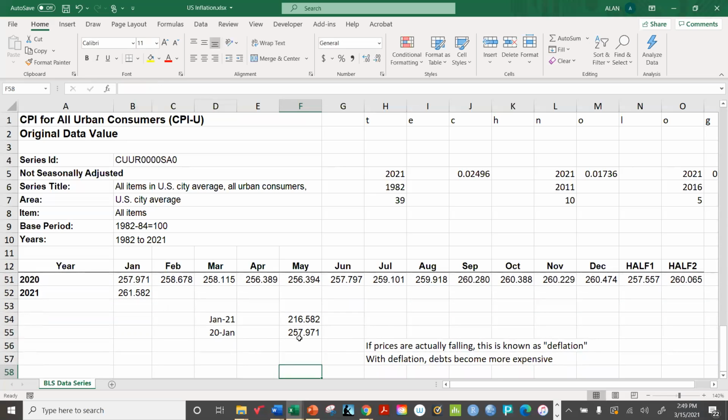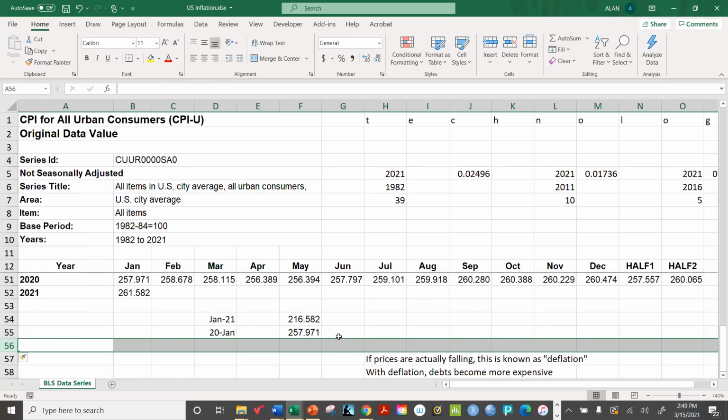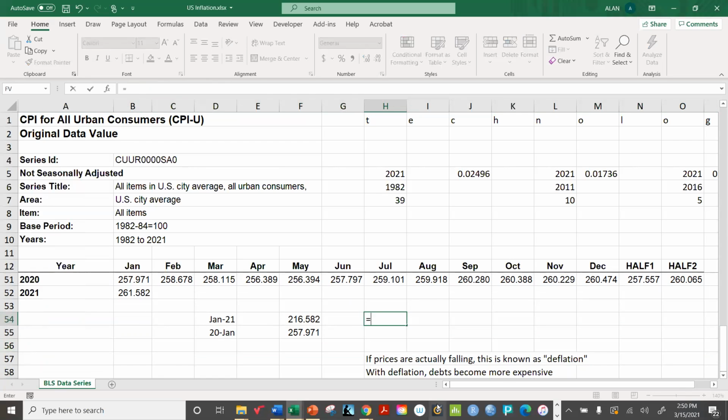So the inflation over that period would therefore be the percentage change, which means I need the new CPI. Oh, wait, sorry, this is a typo. This should have been 261. Sorry about that.